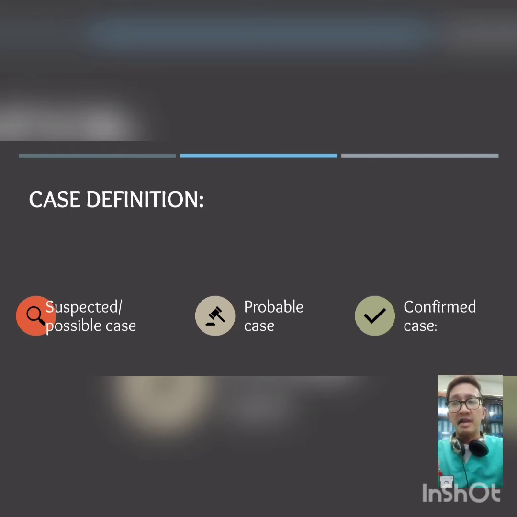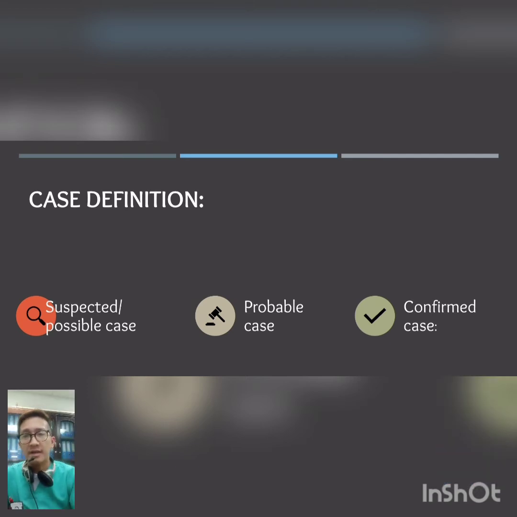Let's say, for example, if you have been exposed to confirmed cases of MERS-CoV, COVID, or measles, if you have been exposed to places where there are positive or confirmed cases, or if you have consumed any products that are the main reservoir for certain infections, then that is your probable case.